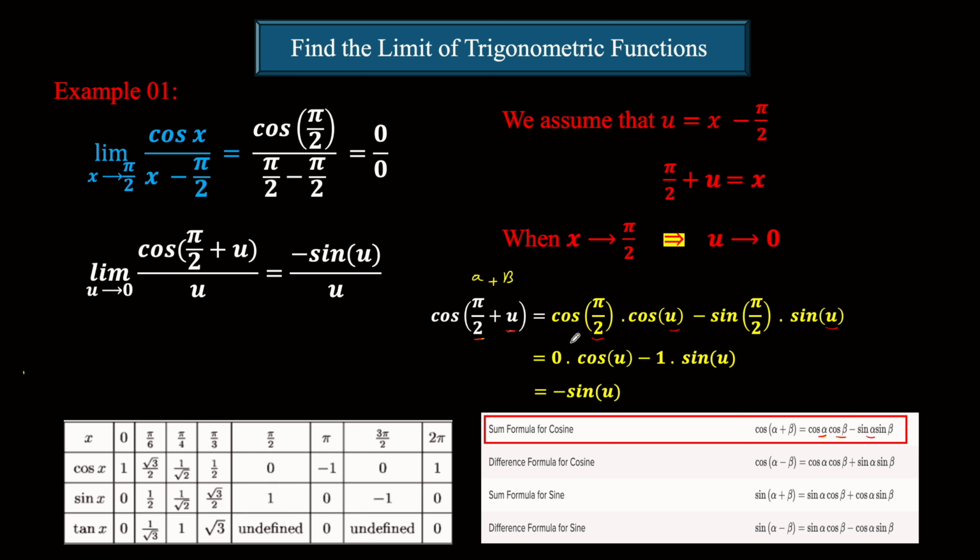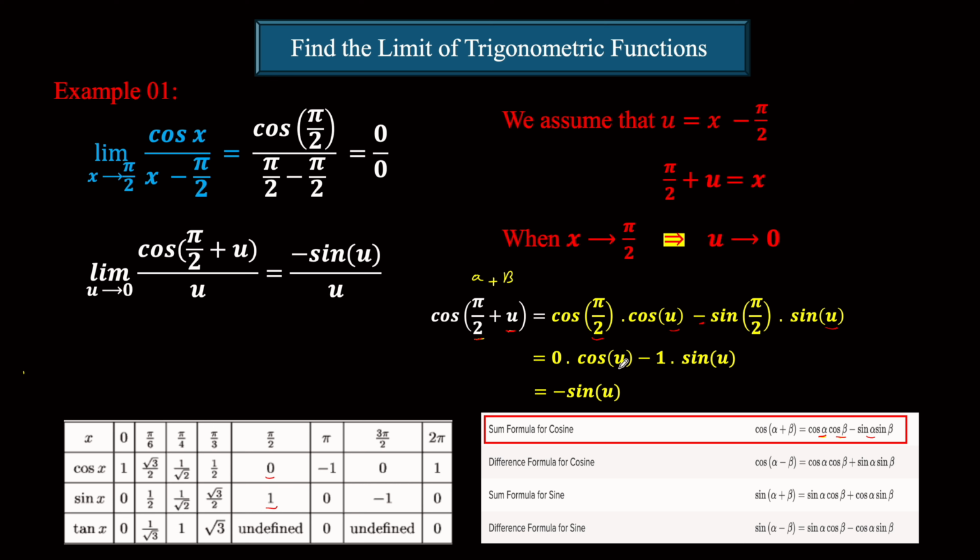So cosine p over 2, we already saw that it is 0, right? 0 multiplied by cosine of u minus 1. Why? Because sine of p over 2 is 1. We already have the minus from the equation, so minus 1 multiplied by sine u.